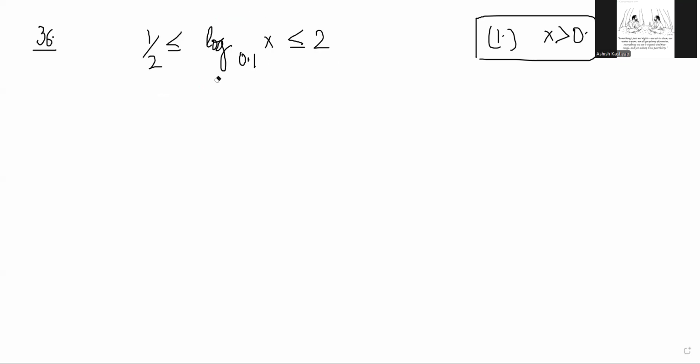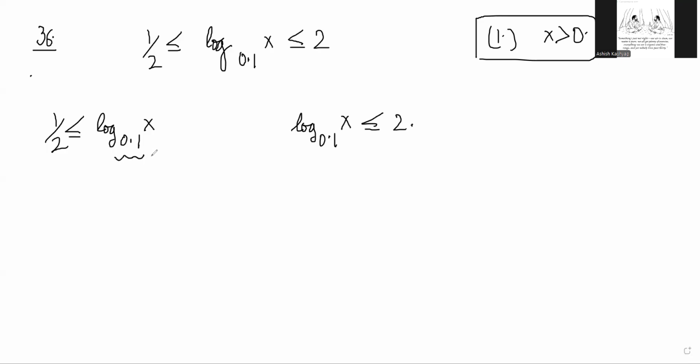Why can't I work with this base? I don't need to convert any bases. I have two inequalities: half is less than equal to log 0.1x and log 0.1x is less than equal to 2.